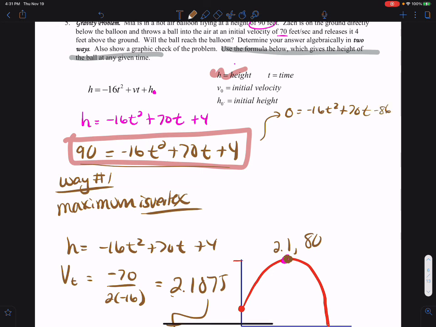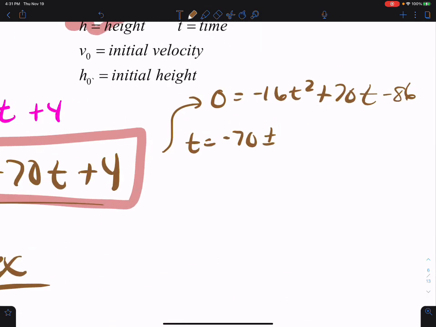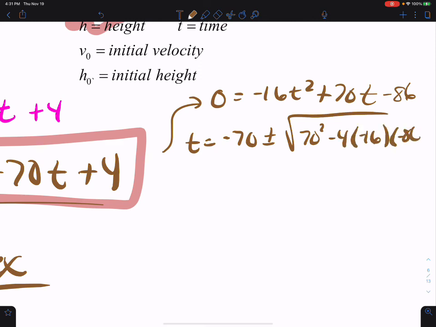Then we just use the quadratic formula. The value of t, because we're solving for t, is the opposite of b plus or minus the square root of b squared minus 4ac, so 70 squared minus 4 times a times c, all divided by 2 times a.